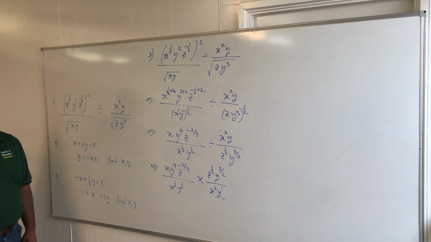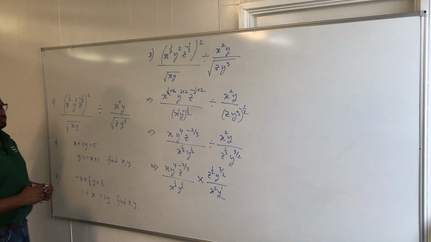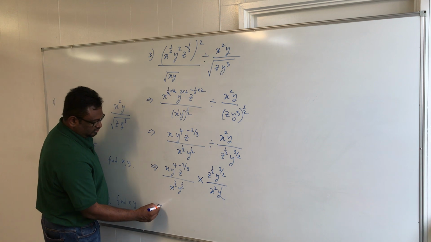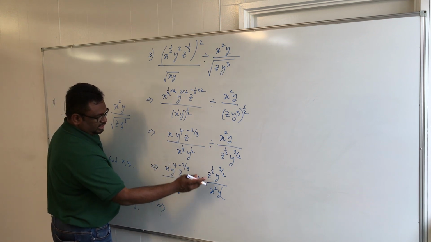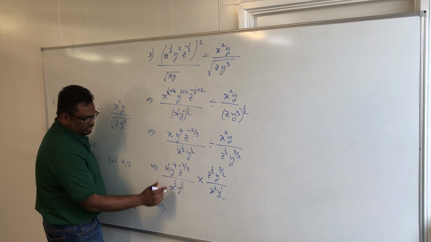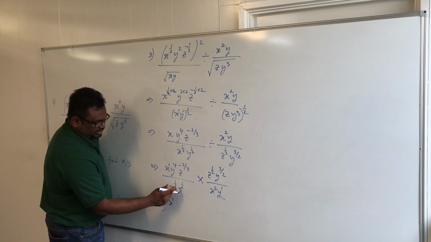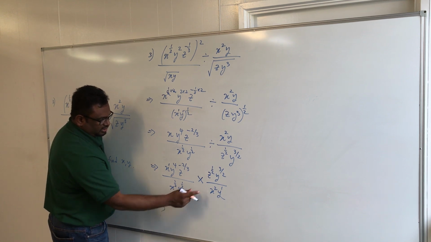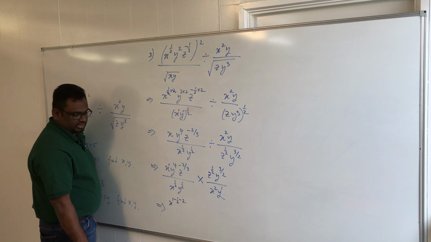Dehan, you okay? Yeah. Then x^1 here, right? So you collect x terms separately, y terms separately, z terms separately, right? So then here x^1, this half is down, so minus half. This 2 also down is minus 2. That's it. Look at this here clearly.